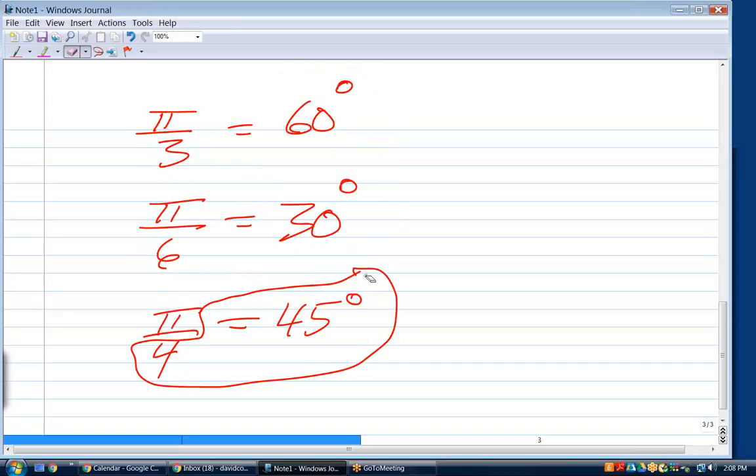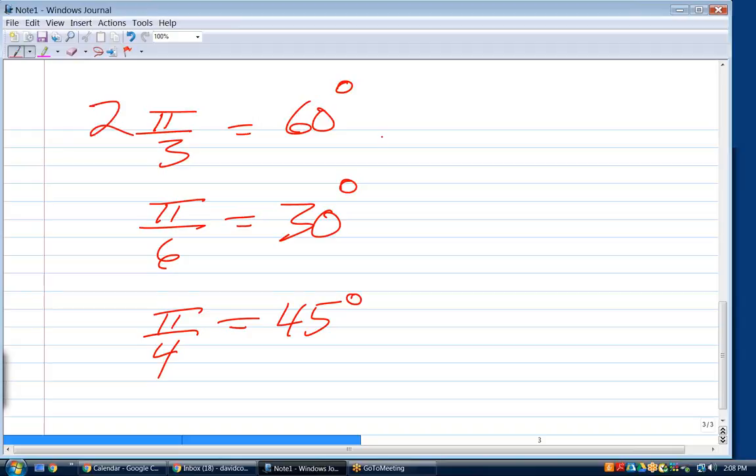The magic number in geometry and trig is 180. So whenever you're converting pi over 3, it's got to be 60. Well, if I have 2 pi over 3, then it's 2 times 60. So that would be 120. But as long as you memorize these first three, you'll be fine. Just always know what those are.